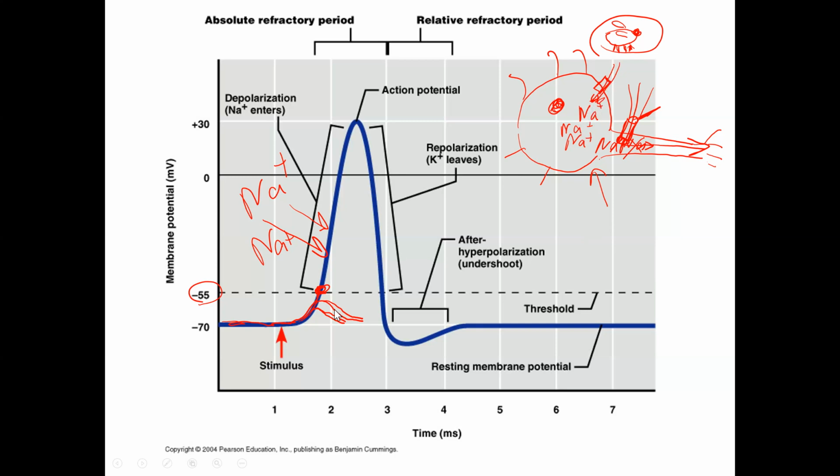Is enough sodium moving in to reach minus 55? If yes, then the voltage gated sodium channels open. Many of them are open and sodium rushes in, and then an electrical impulse is generated and you will feel this sensation. This is called depolarization.